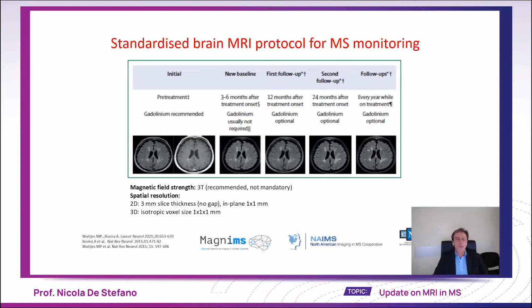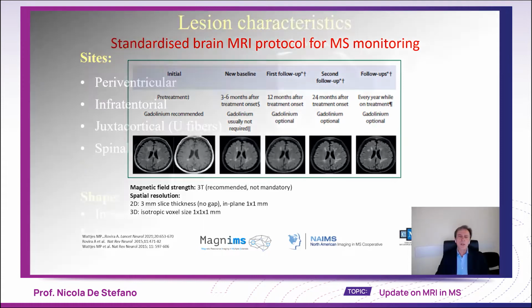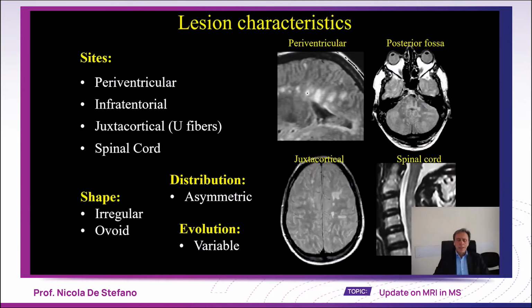I don't want to focus the talk on this, and eventually we can discuss it. I want to talk about something else which can be quite useful for you in understanding how to use MRI in MS. One thing we want to do when we use MRI is, of course, looking at the lesions.